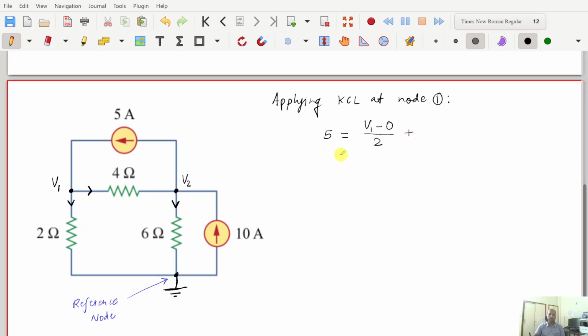Then the value of current in the branch with 4 ohms is going to be (V1 minus V2) divided by 4. Now the next step is to simplify it. Once we simplify, we are going to get 3V1 minus V2 is equal to 20. And this is going to be our first equation, equation number 1.